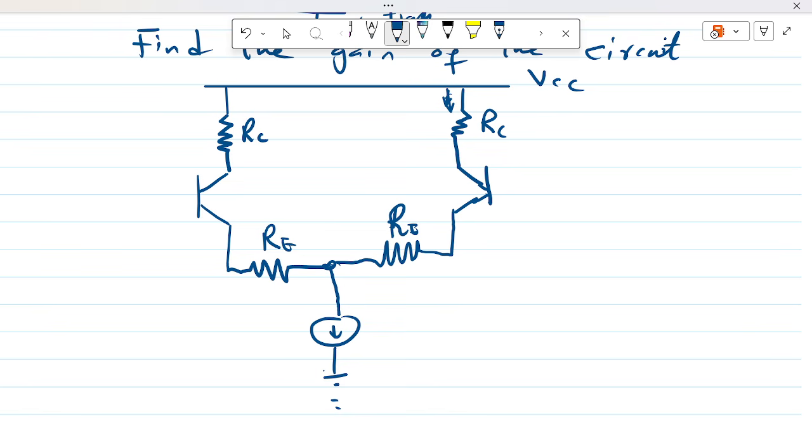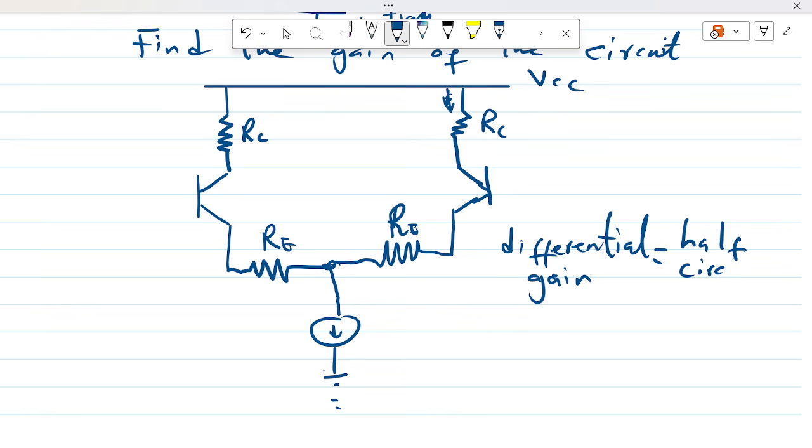Okay, so we are asked to find a gain, and from our prior knowledge we know that the differential gain, we've proved this three different times and they all give us the same thing. It's called the half circuit gain. So what we are going to do is find the half circuit and easily calculate the gain of the half circuit, which should be equal to the differential gain.